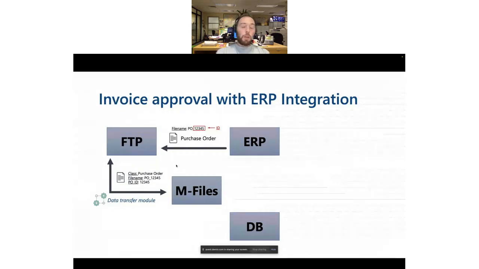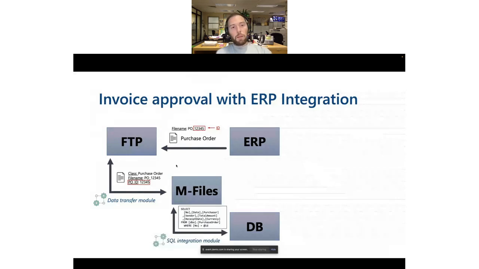Then, using the data transfer module, we will get that file and save it into M-Files as a purchase order. The file name will be the file name of that purchase order. But we can see that we have extracted the ID of that purchase order into a separate property.